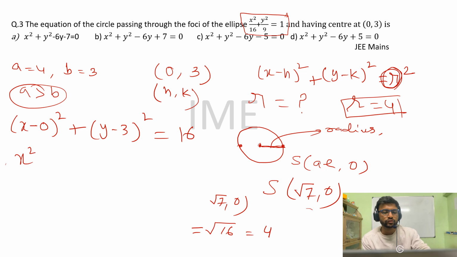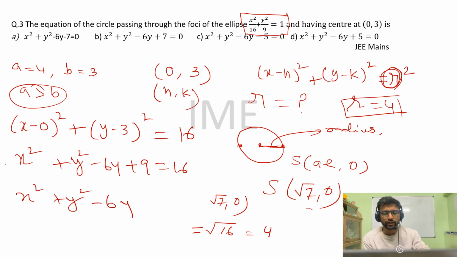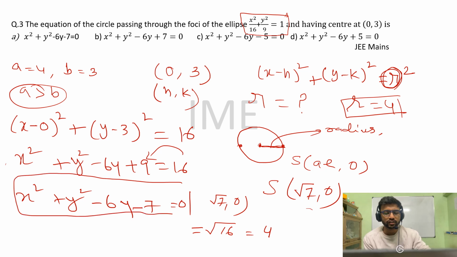So this is x square plus y square minus 6y plus 9 is equal to 16. So x square plus y square minus 6y plus 9 minus 16, which is minus 7, equals 0. So x square plus y square minus 6y minus 7, option A. This option is correct.